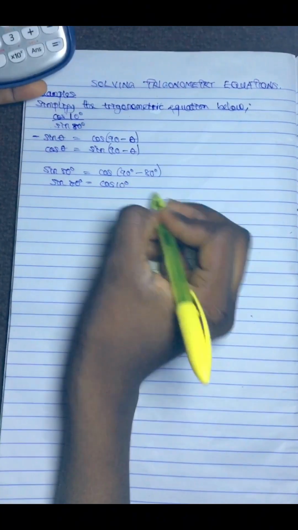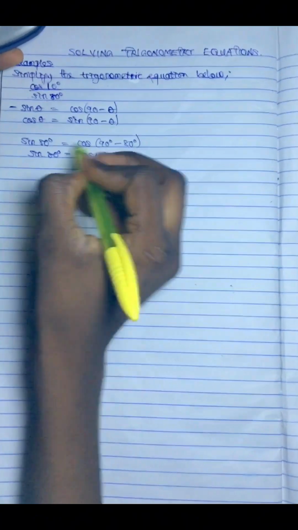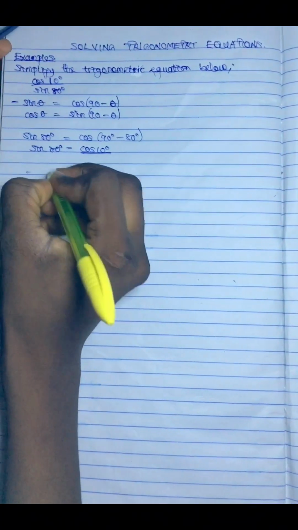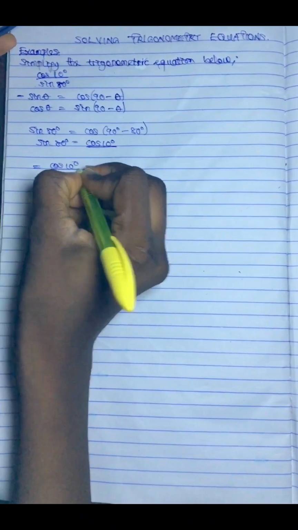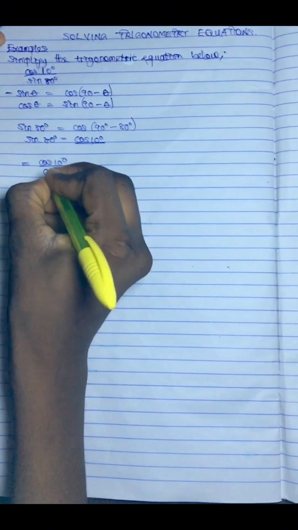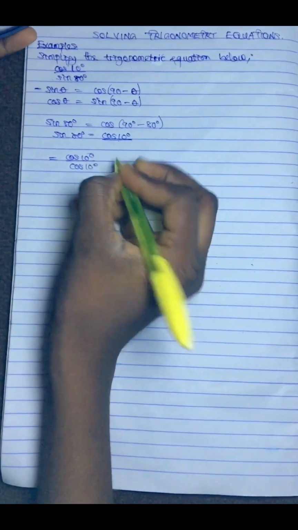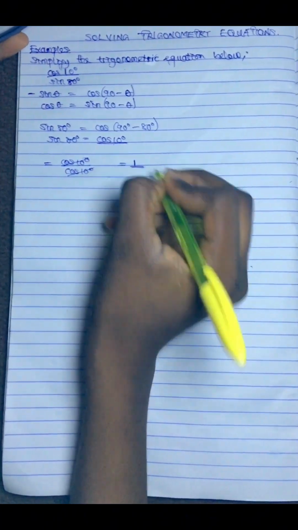So we are going to substitute cos 10 degrees for sine 80 degrees in this equation. So we have cos 10 degrees divided by, what is our sine 80 degrees? Cos 10 degrees. So cos 10 divided by cos 10, we cancel out, we are left with 1. So the answer is 1.